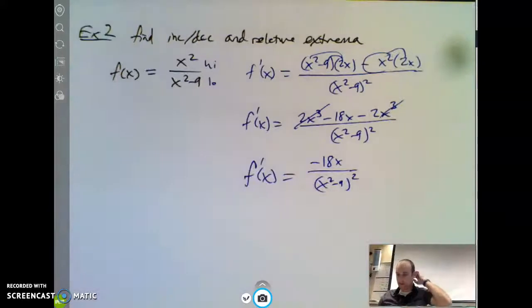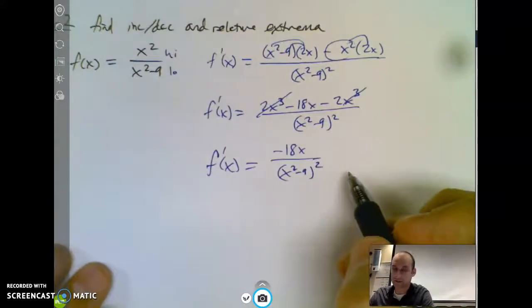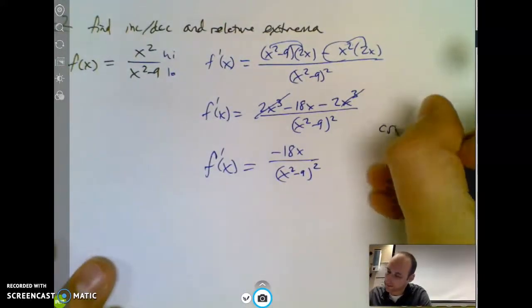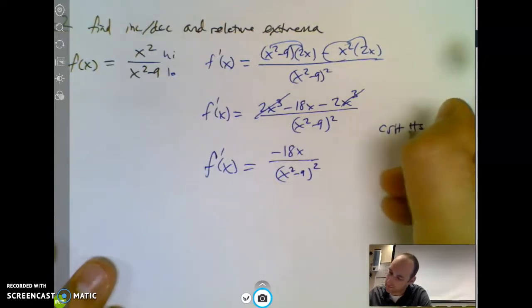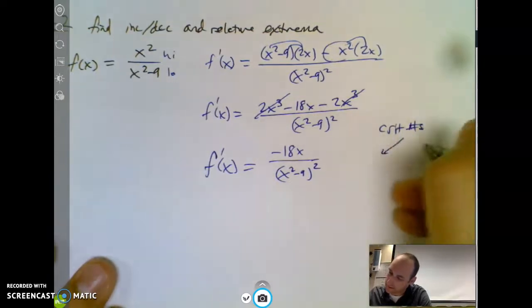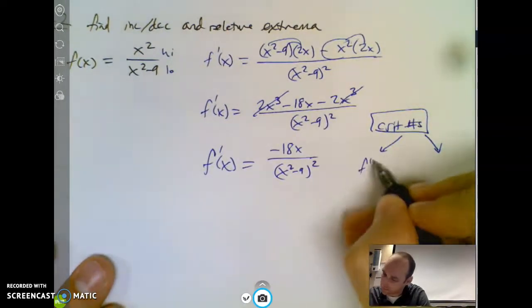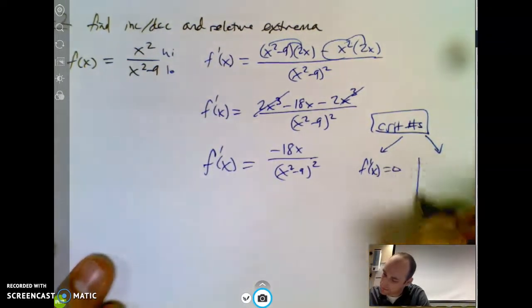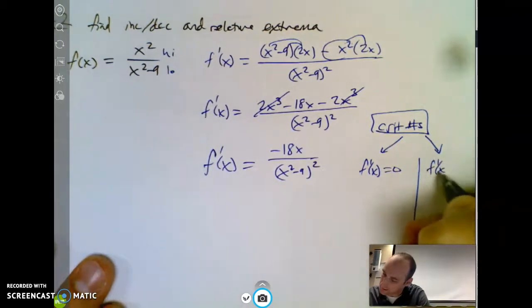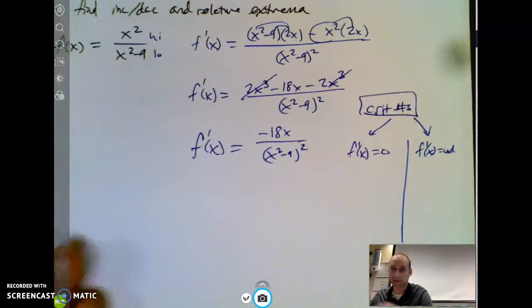Okay, so I want to find out when this is 0 and when it's undefined, because our critical numbers happen two times. Critical numbers happen when f prime of x is 0 and when f prime of x is undefined. So we kind of want to split here.